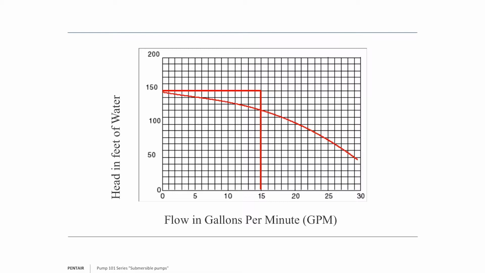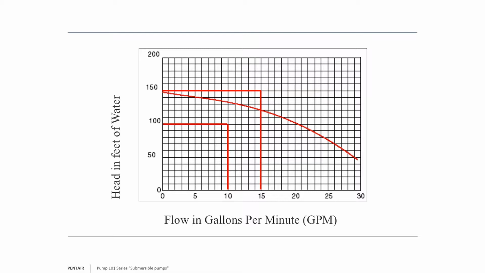Knowing this, here's my next question. At 10 gallons per minute, can we hit 100 feet of head? And I'm pausing for you to kind of ponder this because, yes, it's a trick question. No, it can't. And everyone says, well, wait, Dan. It's to the left of the curve or below the curve. Anything below the curve the pump can do. No, it cannot.